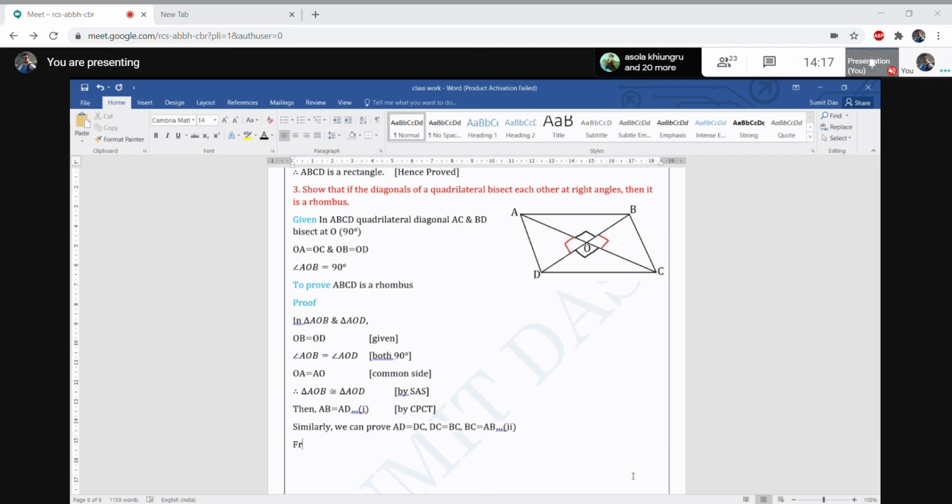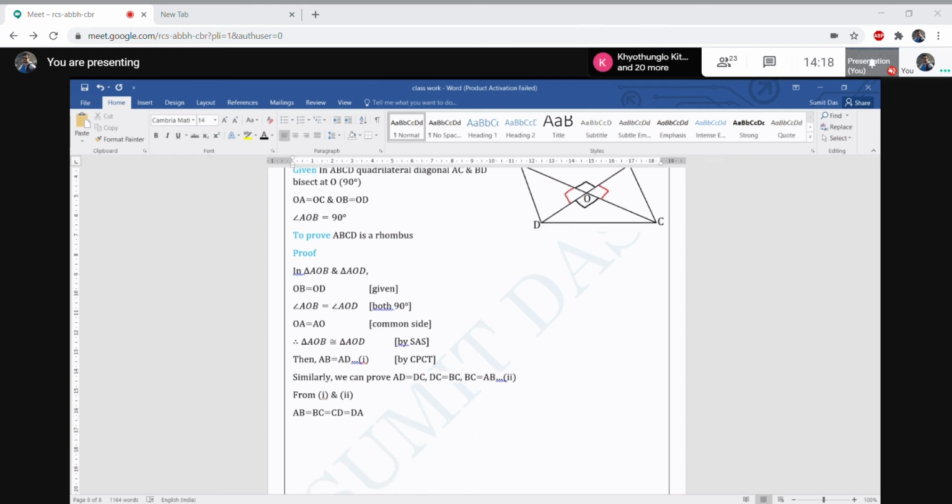So from 1 and 2 we can write AB equal to BC equal to CD equal to DA.